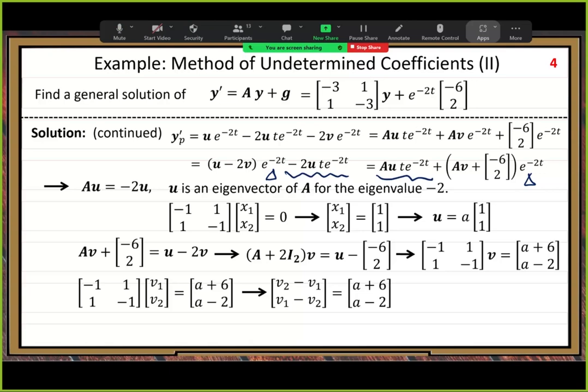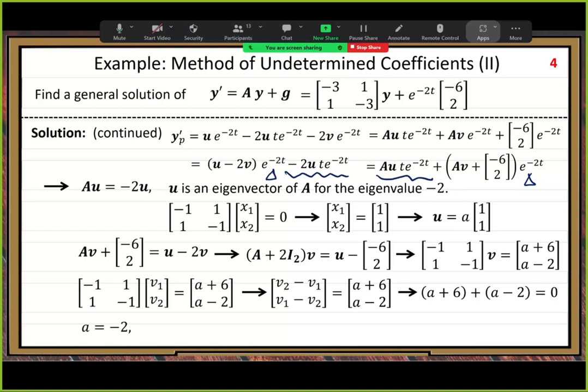A vector with A variable there. But left-hand side, you can see these two entries adding together should be 0, right? That means these two entries on the right-hand side, A plus 6 and A minus 2, adding together should also be 0. There, you get an equation, A plus 6 plus A minus 2 equals 0.